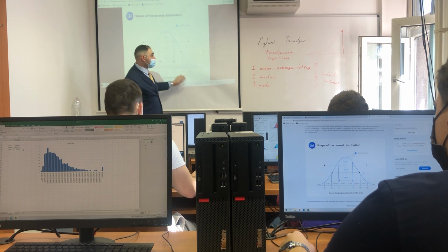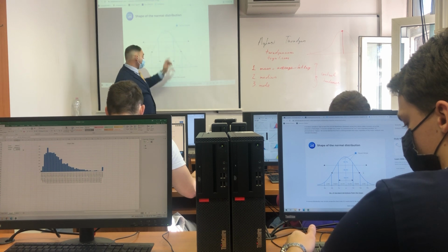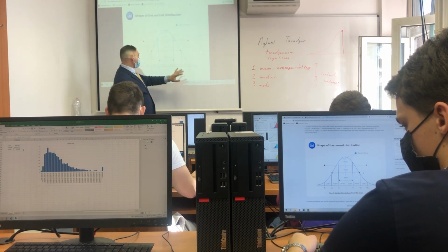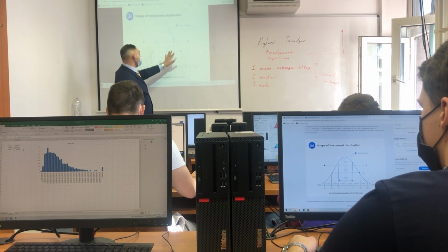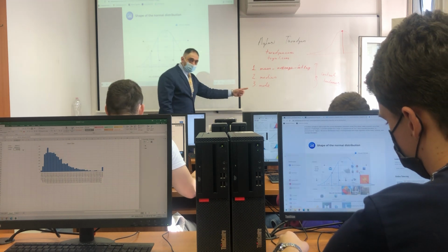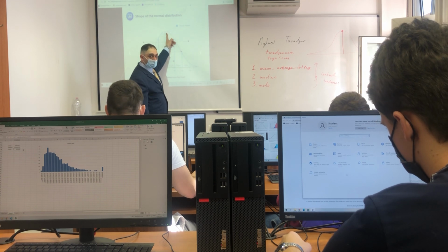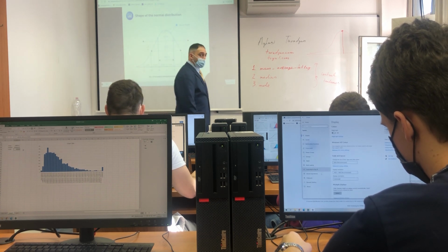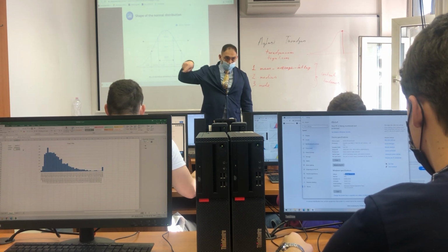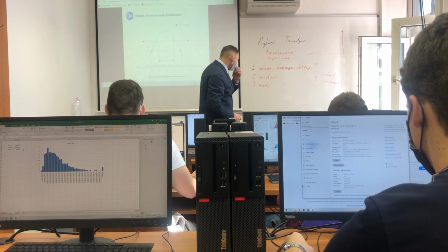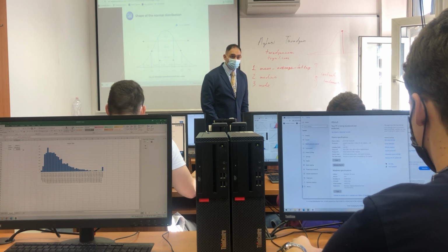Okay? Where is our median? Our median is at the same point because 50% of our points are here and 50% are here. It is symmetric. Where is our mode? In the same place. It is here on the top. Thus, if we have a symmetric distribution which has one top point, then these three points, mean, median, and mode, are the same.